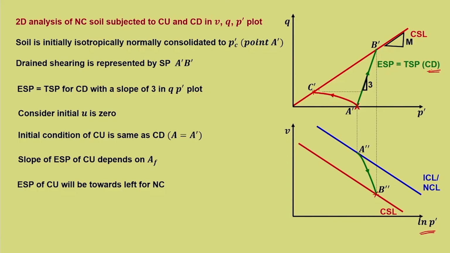For the consolidated undrained test, our total stress path is valid only up to this particular point. So, this is the effective stress path for CU, and this is the total stress path for CU. It is the same line, because there is no initial pore water pressure. So, this C dash comes and this is horizontal and V remains constant, that is the C double dash point.